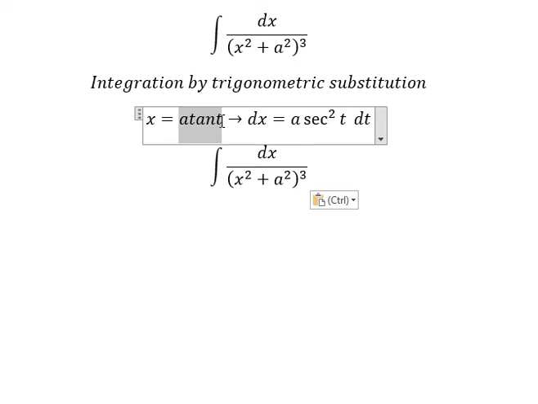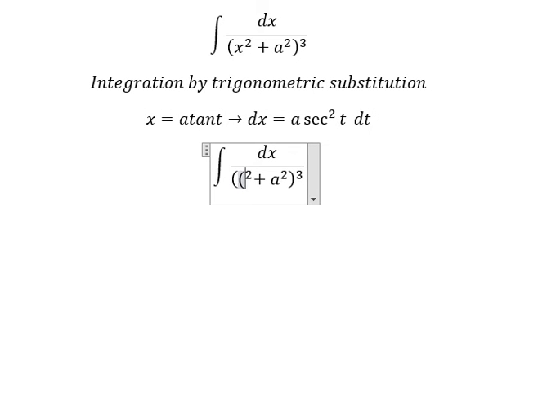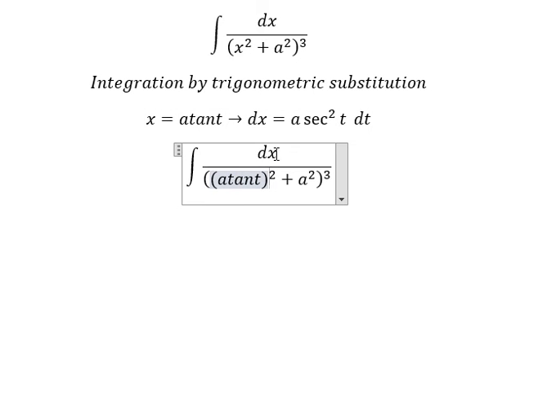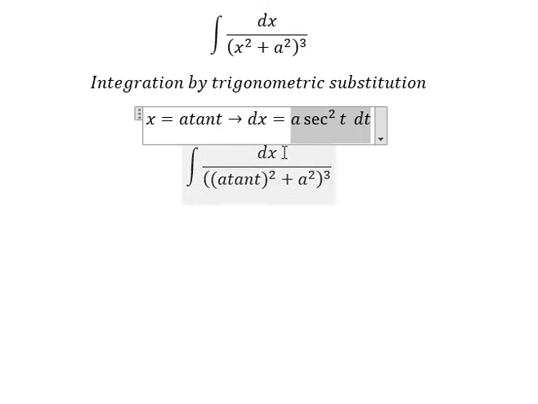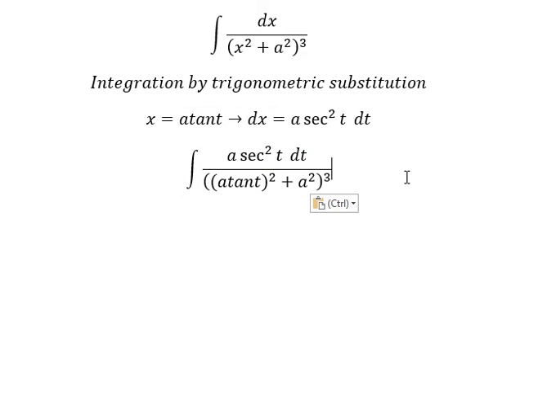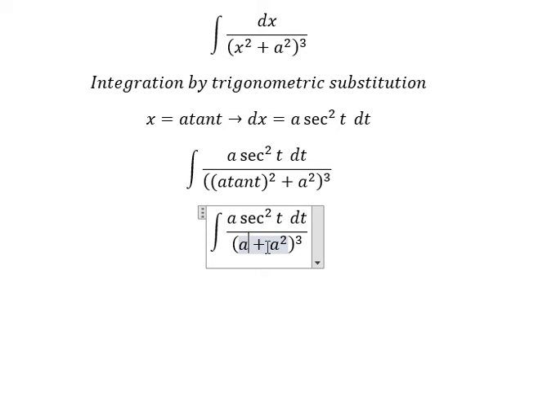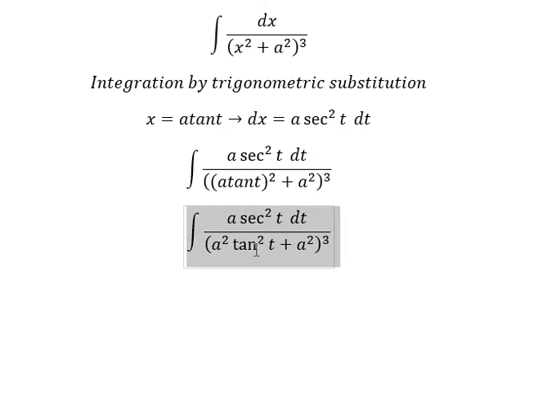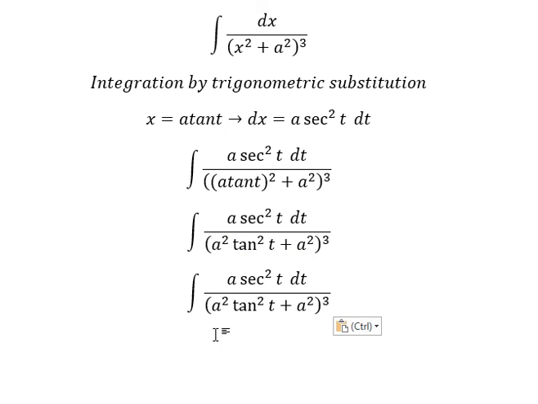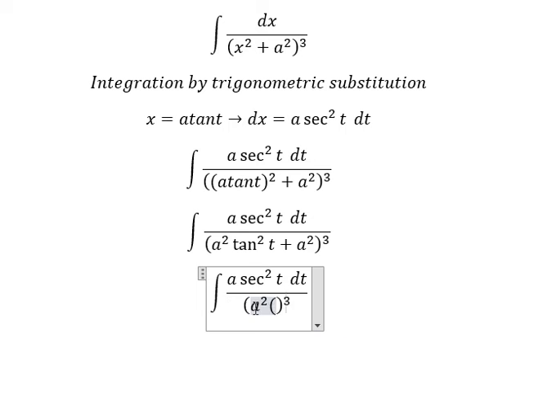So I will put this one in here. ds we change by this one. So this one you get a squared tan squared t plus a squared, we can do factorization.